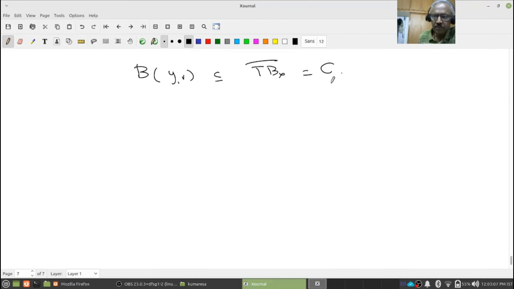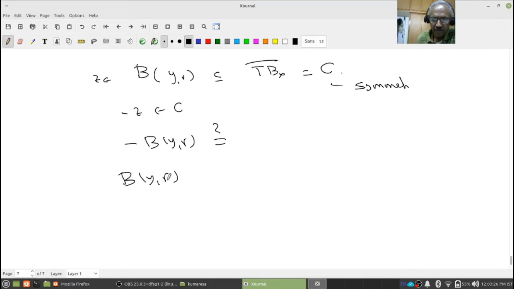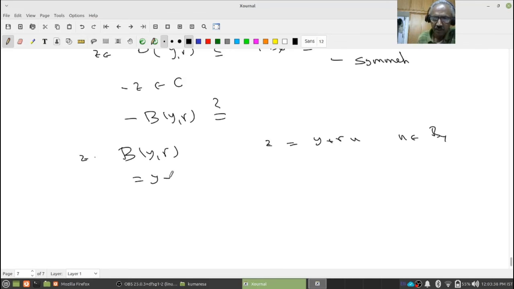Now notice that this is symmetric. That is, if any vector z belongs to that, minus z also belongs to C. Therefore, what is minus of B(0, r)? That is again easy. If z belongs to that, it is of the form z equals y plus r times u, where u is in the unit ball By.